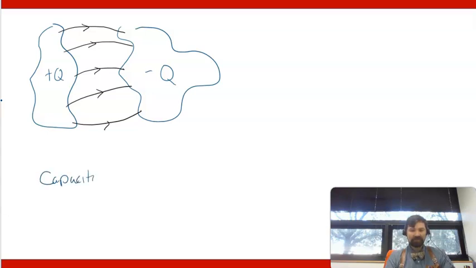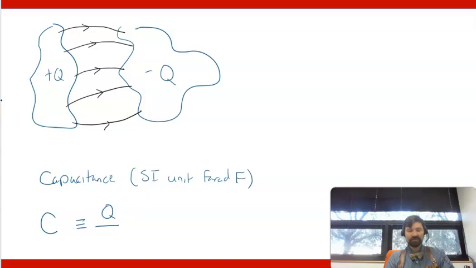Capacitance has SI, or MKS, unit farad, F. The capacitance is defined by how much magnitude of charge is being stored on these two conductors per unit voltage drop between them. All right, so that is our actual definition for capacitance.